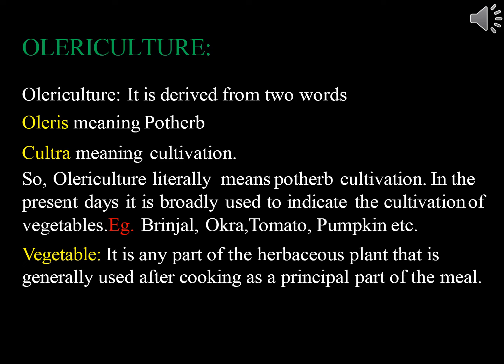Examples: brinjal, okra, tomato, pumpkin, carrot, cucumber. We can define vegetables as any part of the herbaceous plants that is generally used after cooking as a principal part of the meal.